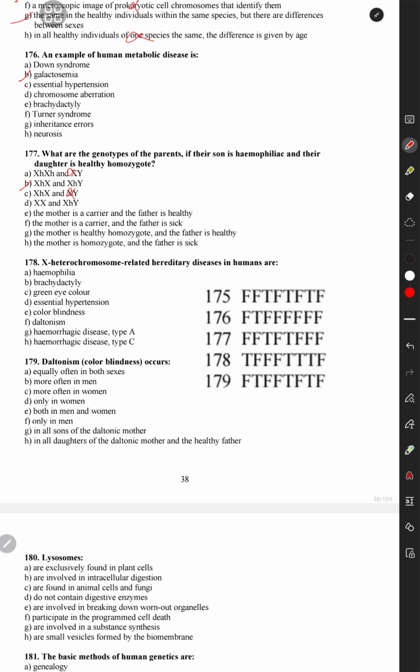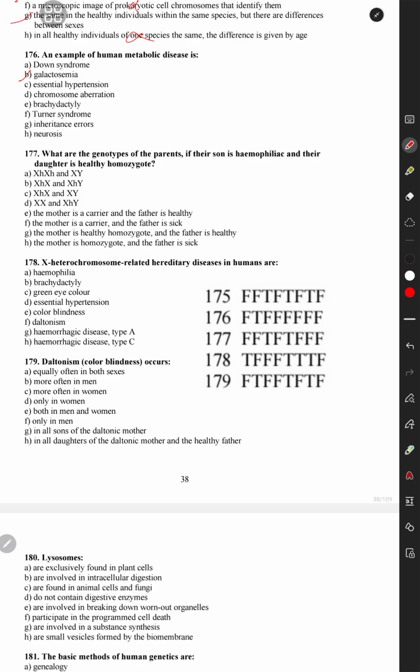Son is healthy homozygote. उल्टा यार, hemophilia. Daughter is a healthy homozygote. तो ये फिर भी हो सकता है. Hemophilia, लेकिन नहीं, daughter नहीं.